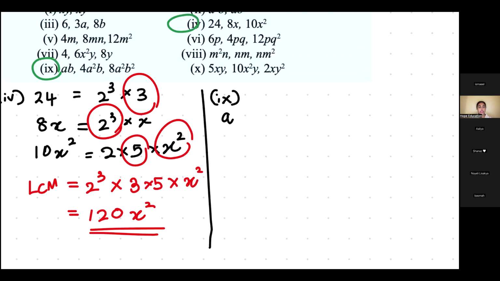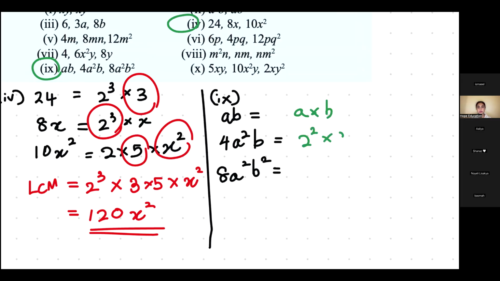The ninth one. We have ab, then 4a squared b, then 8a squared b squared. ab is just a times b. 4a squared b: 4 means 2 to the power 2, a squared is a squared, and b. 8 is 2 to the power 3, a squared b squared. LCM, we are going to take the highest power of every factor.